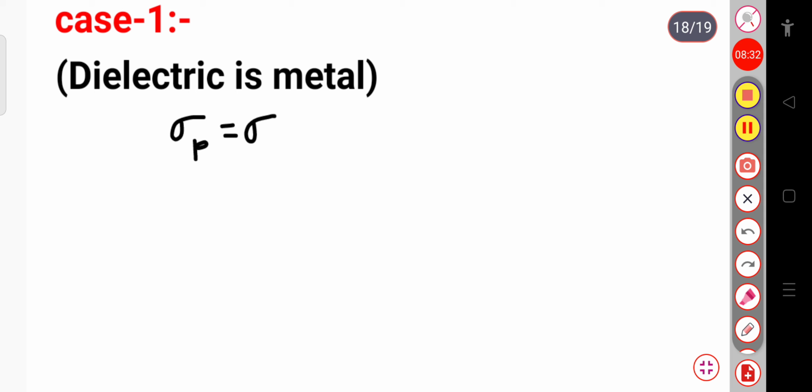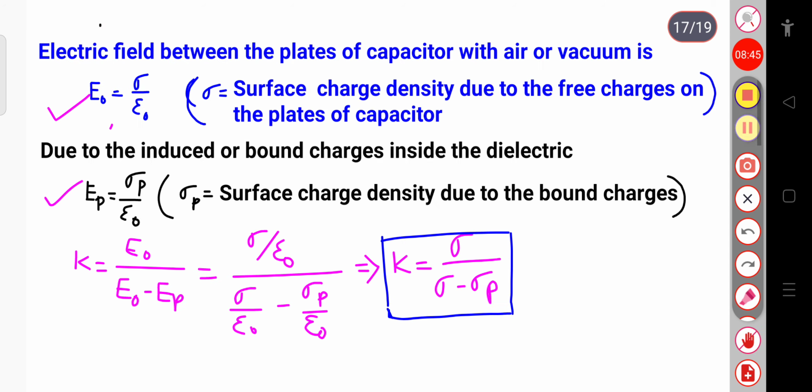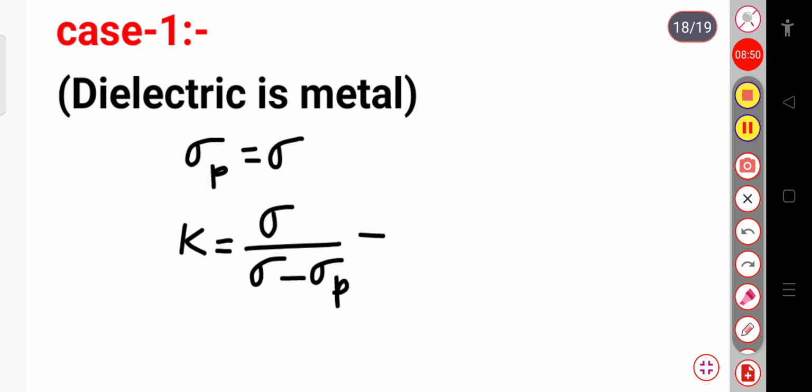So the dielectric constant K is equal to sigma divided by sigma minus sigma P. Here it will be equal to sigma divided by 0, because sigma is equal to sigma P here.